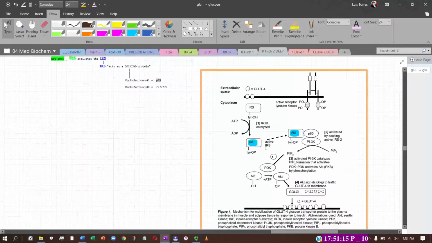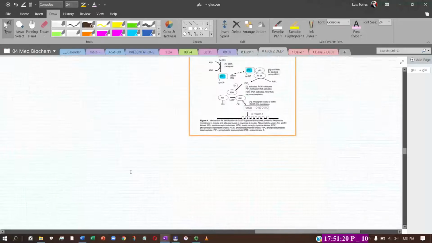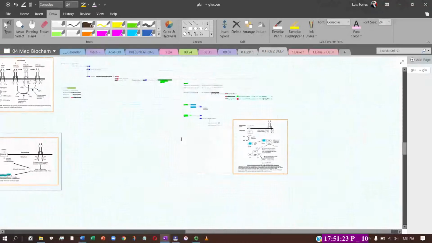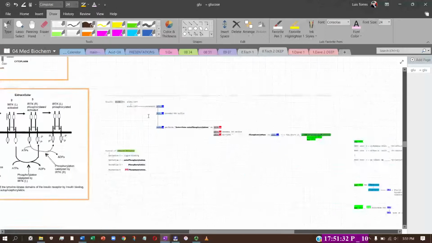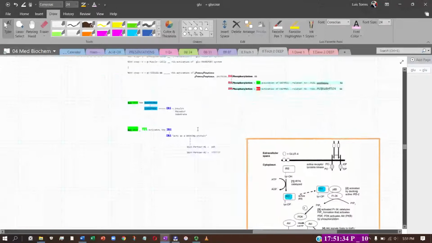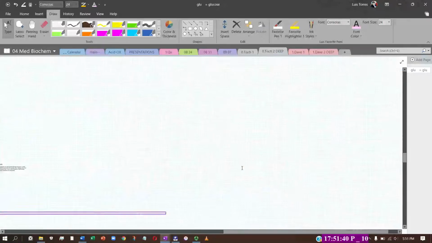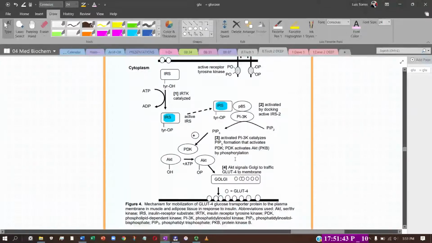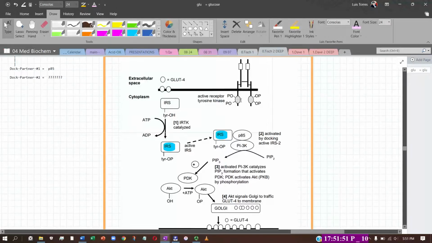we can begin to explore figure 4. So instead of being over here, figure 4 fits better right here, after we've examined this cascade of stuff that happens after insulin binds. So here is figure 4, and I didn't make too many notes on it because this one's actually pretty straightforward. Here you see that IRTK is indeed activated with all these phosphate groups.